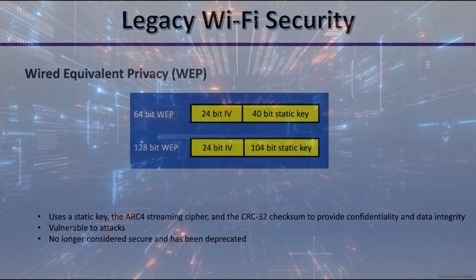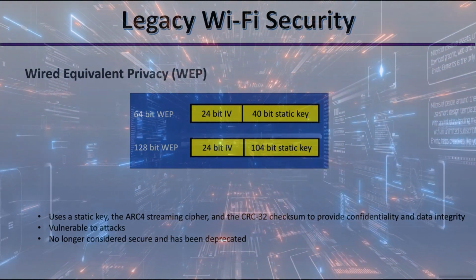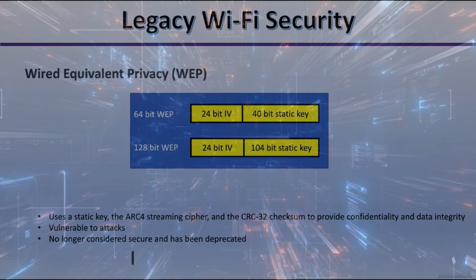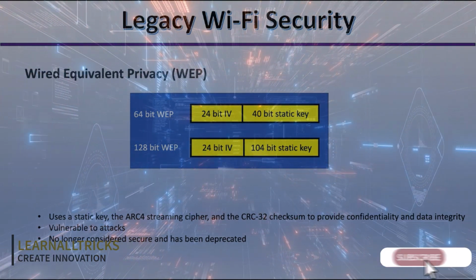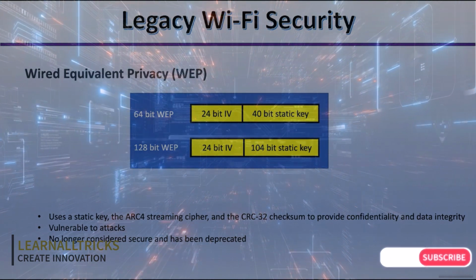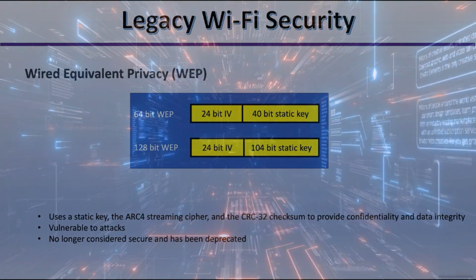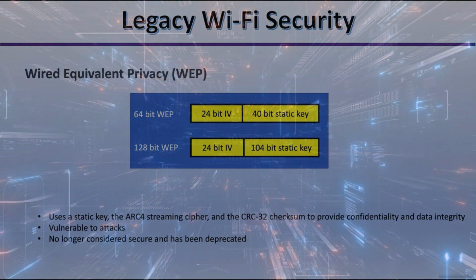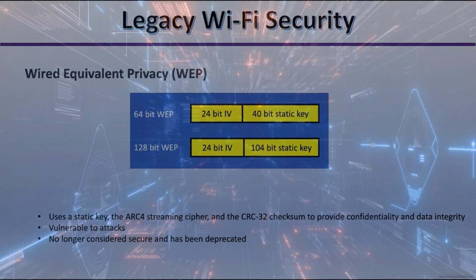That was the theory. WEP uses the ARC4 streaming cipher for confidentiality and the CRC32 checksum for integrity. What is ARC4? ARC4 is an encryption algorithm that uses a variable length key to generate a stream of pseudo-random bytes, and it's used to encrypt and decrypt data, but it's not as secure as some other algorithms available today.